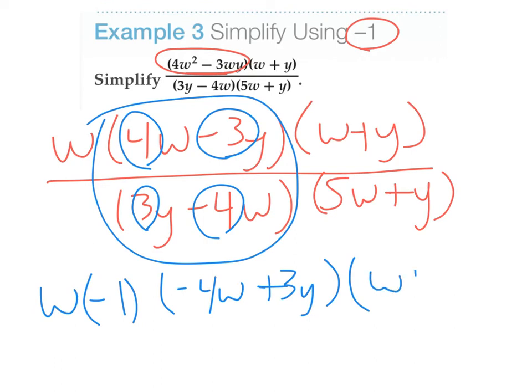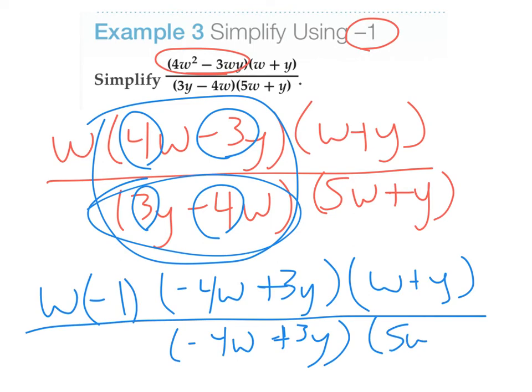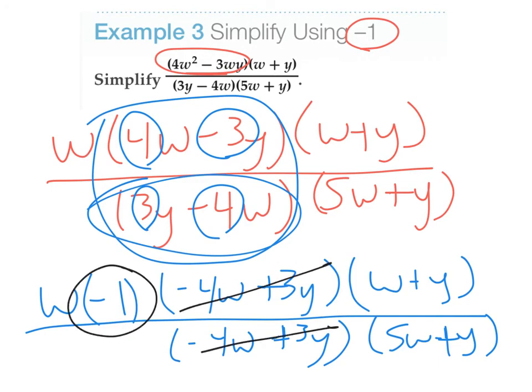And my w plus y, there's my top. My denominator, I'm going to change it into the right order. That's still a negative 4w plus 3y, and I just changed the order of this one right here, so it looks the same. And if I look at this, these two now are identical, so I can cross them out. And I did that only because I factored out a negative 1 to make them look alike.